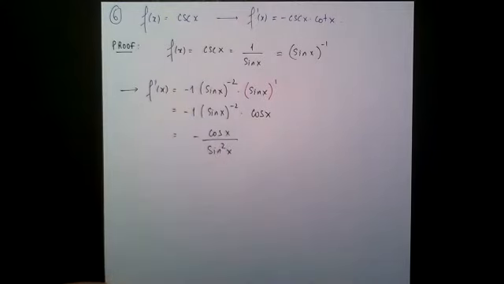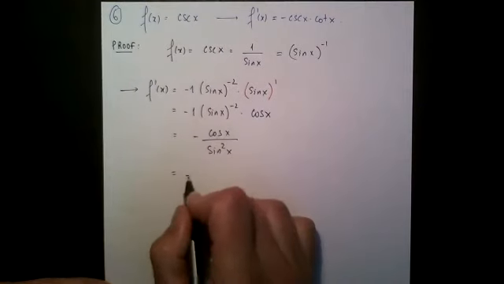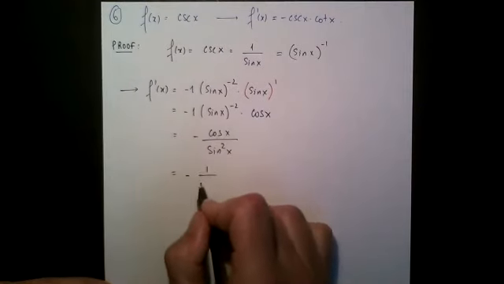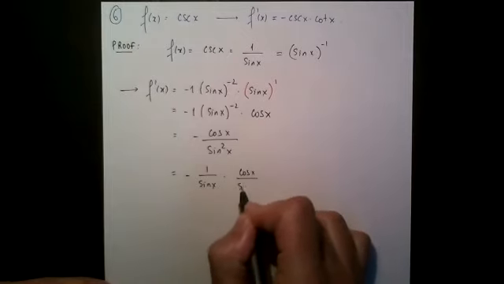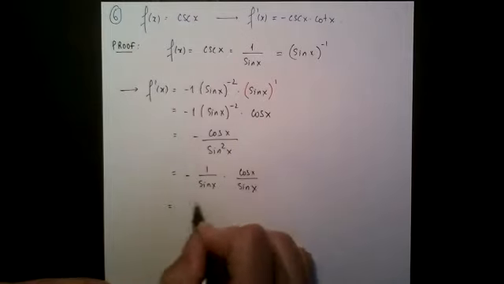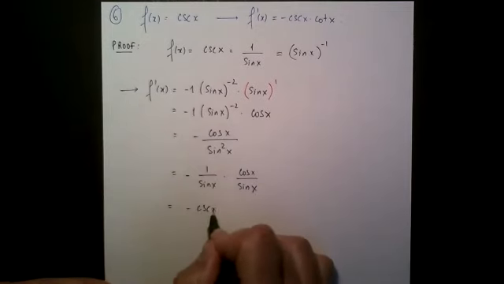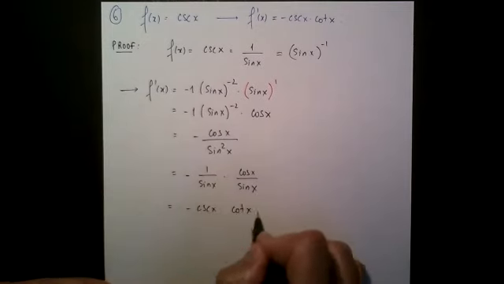Okay, that's okay for you guys? Yes. And then I'm going to separate it. So negative 1 over sine x times cos x over sine x. And that is negative cosecant times cotangent.